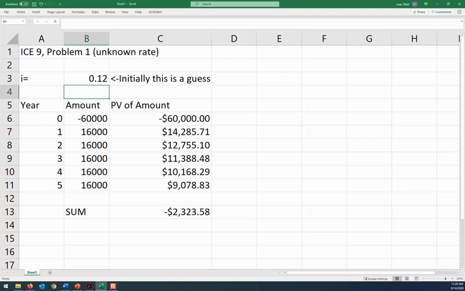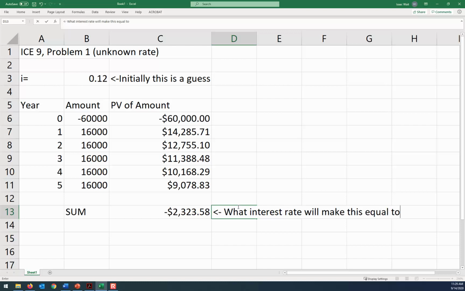All right, but what's the interest rate that makes the inflow and the outflow equivalent? So what we're looking for, our goal, so to speak, what interest rate will make this equal to 0? If I do 11%, does that get me closer to 0?